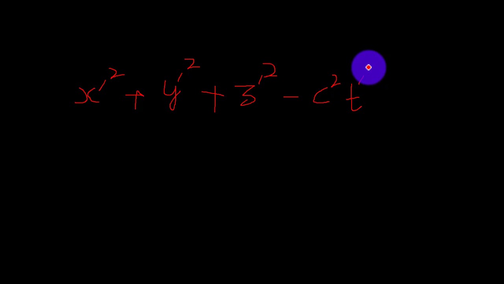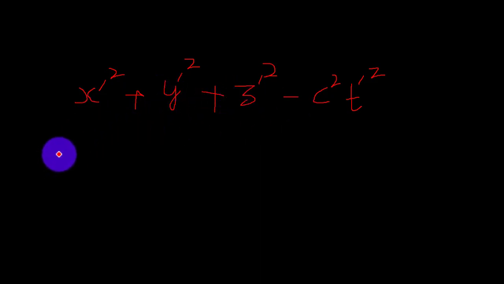So if this quantity is Lorentz invariant, then this term will be equal to what? This quantity will be equal to x square plus y square plus z square minus c square t square. Okay, so let's substitute the values of x prime, y prime, z prime and t prime.